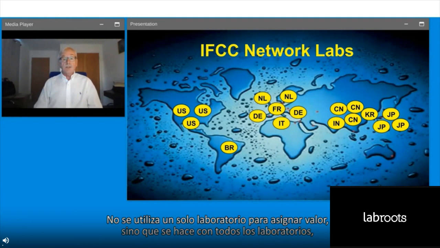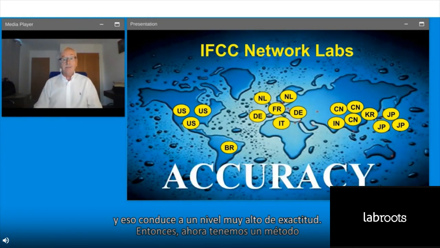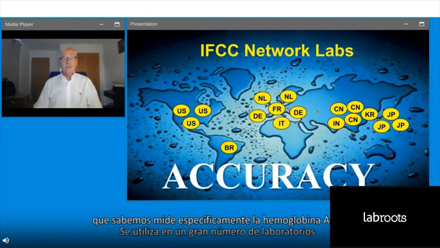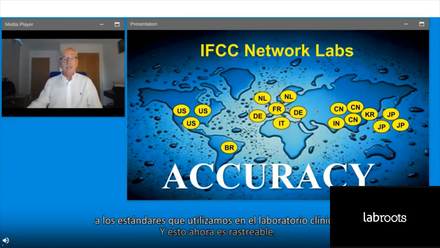Not one laboratory is used to assign value, all laboratories are, and that leads to a very high level of accuracy. So we now have a method that we know measures hemoglobin A1C specifically, is used in a large number of laboratories around the world, all of which are used to assign values to standards that we use in a clinical laboratory.